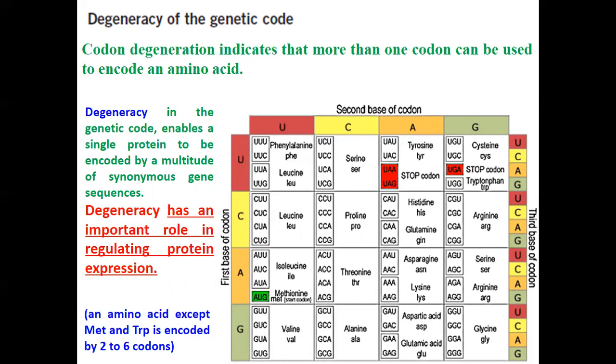So codon degeneracy indicates that more than one codon can be used to encode an amino acid, and degeneracy in the genetic code enables a single protein to be encoded by a multitude of synonymous gene sequences. And this degeneracy has a very important role in regulating protein expression.